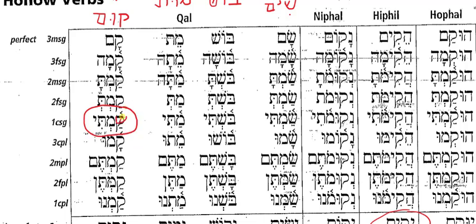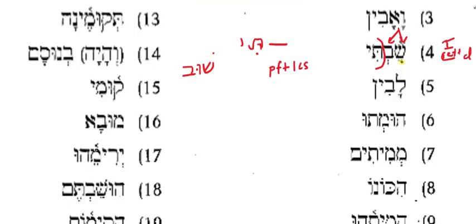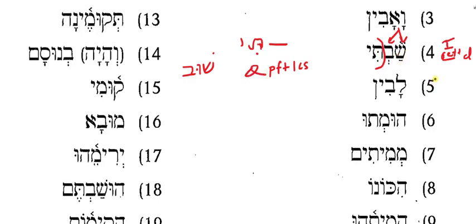Just put shin bet here, okay? And do you have all the same things in your exercise? Yes, kamti, and for the homework, it's shavti. Same accent mark as well, right? Shavti, kamti. So yes, this is indeed the qal perfect 1cs.